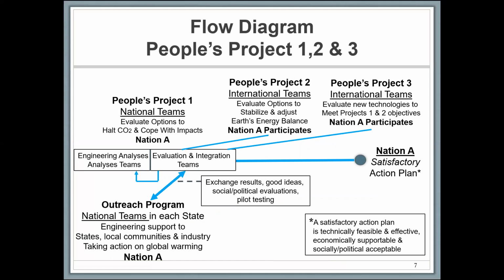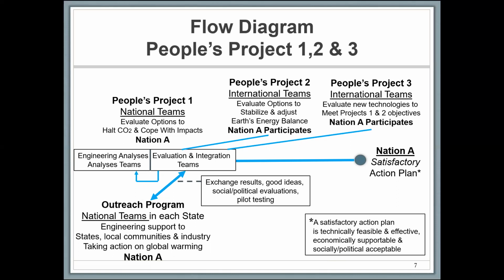Now, let's see how the other 2 People's projects and the outreach program will all work together. Here we show People's Project 1 in a simplified way with its national teams. People's Project 2 uses international teams to evaluate available options to stabilize and adjust the Earth's energy balance and address ocean acidification.